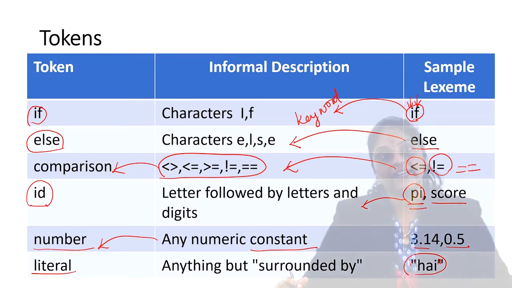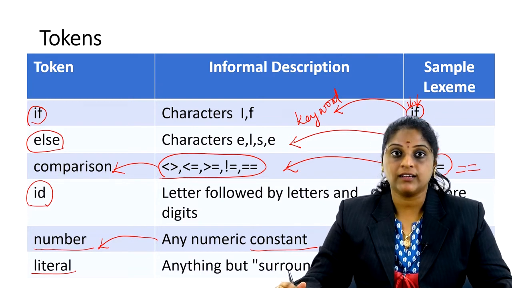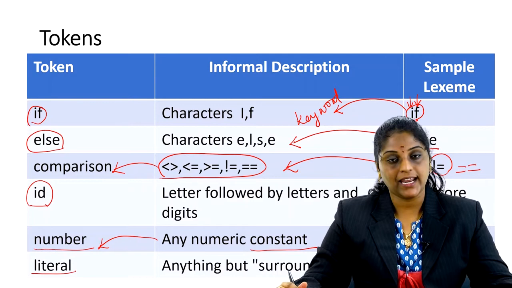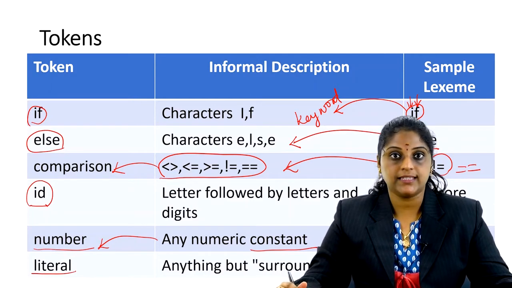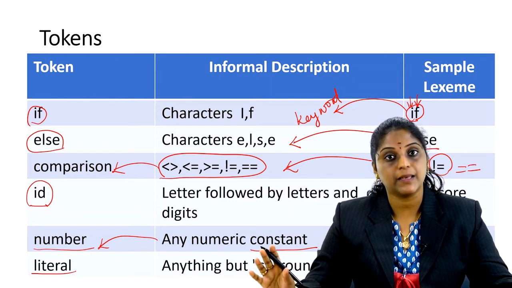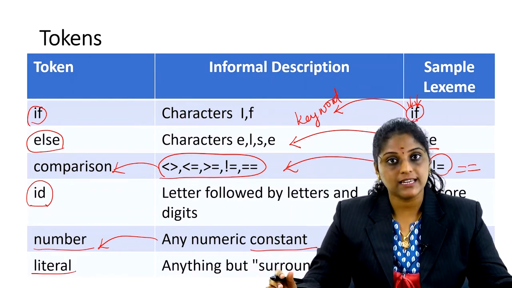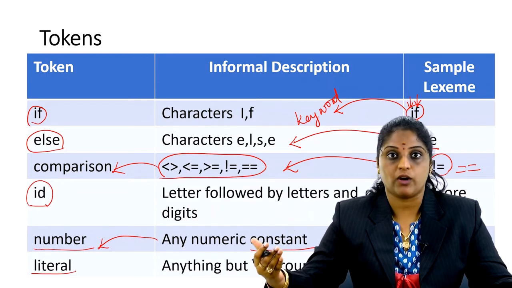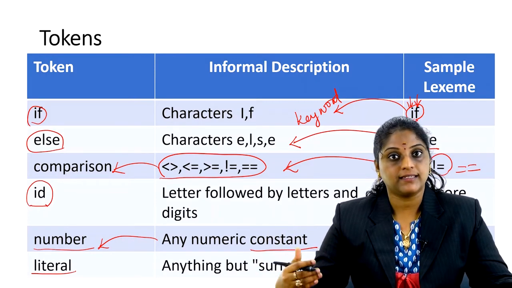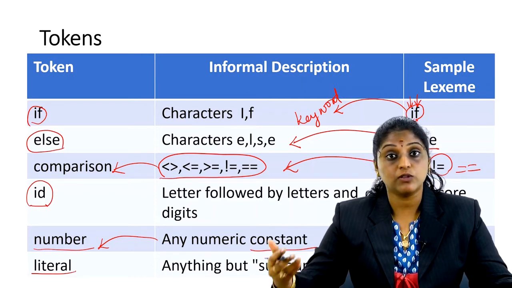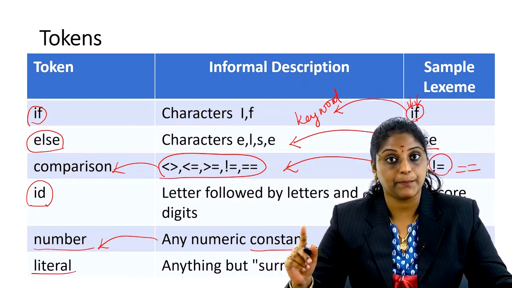Okay. Hope you understand what the different words are that form a token. Once again, if a keyword is there, or an identifier is there, we have to represent it as a separate token. If constants are there, we have to represent each and every constant as a token. If left parenthesis, right parenthesis, commas, semicolons are there, those also have to be represented as separate tokens.